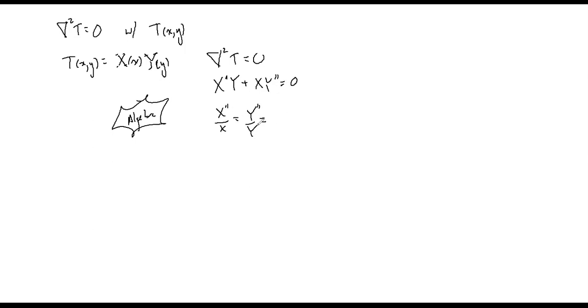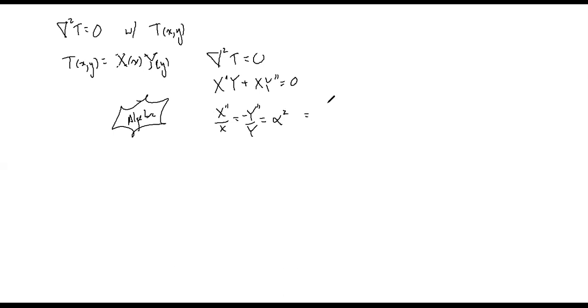Therefore, this is equal to a constant. Anybody want to guess about like a nice form for the constant? Sorry, there's a minus sign here, because we got 2 derivatives. Turns out I'll make my life a little bit easier by calling that alpha squared.